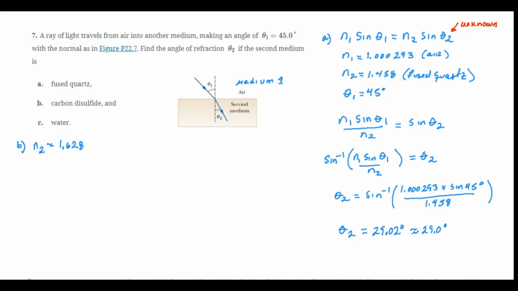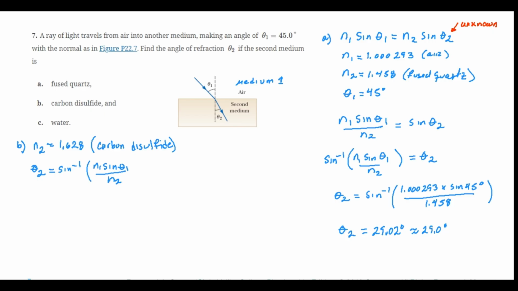This is the index of refraction of the carbon disulfide. If I apply the same equation that I found here, theta 2 is the inverse sine of n1 sine of theta 1 over n2.